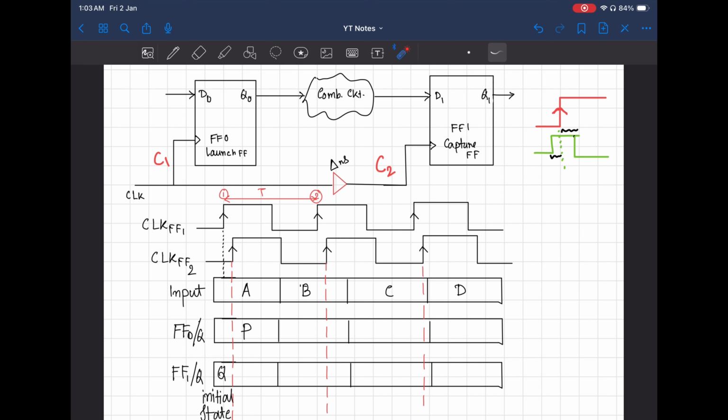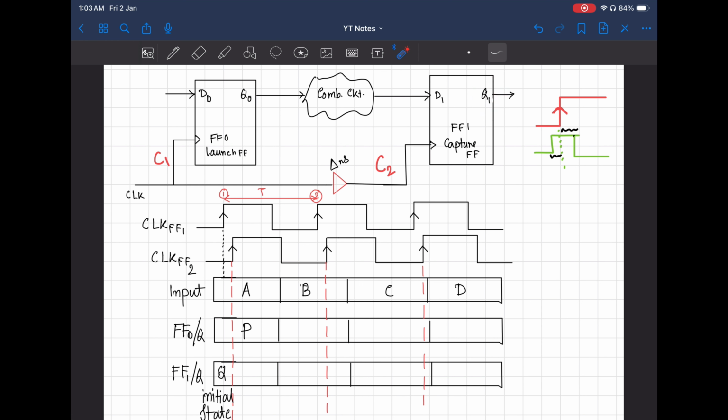But because of that delta delay, because of that buffer insertion at the capture flip-flop, or you can say the next flip-flop, the data also gets captured at the same edge.